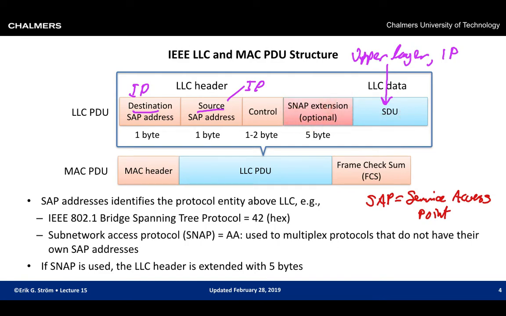And these control bytes then allow multiplexing protocols that don't have their own SAP addresses. Since we have 1 byte here, there are 256 protocols that we can address with this. This turned out to not be enough, believe it or not. So in cases where you would like to support other protocols, you do that by using SNAP instead, and then you use this extension to identify the upper layer protocol.